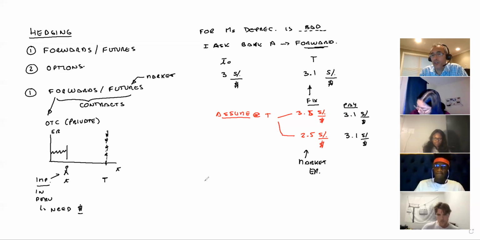Agree? So as soon as you have the forward, you are always going to pay 3.1. It's a contract. Now, in this situation here, you are paying 3.1 for something that is worth 3.5. So you are good, correct?